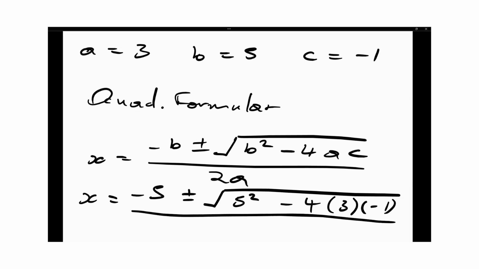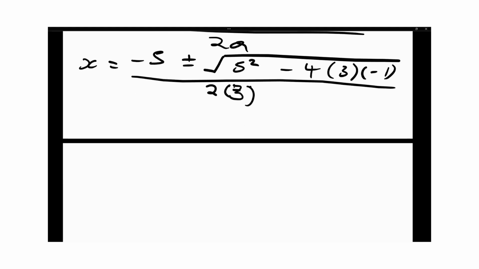Then this is all over 2, then 3. Okay, sorry, it's not minus a, let me just write 3. So from here, you punch this into your calculator, and remember to use your brackets properly.